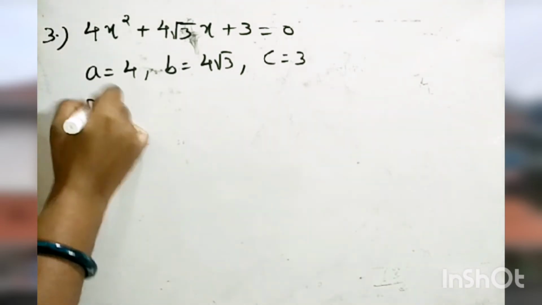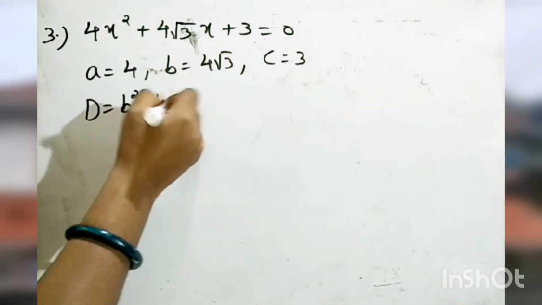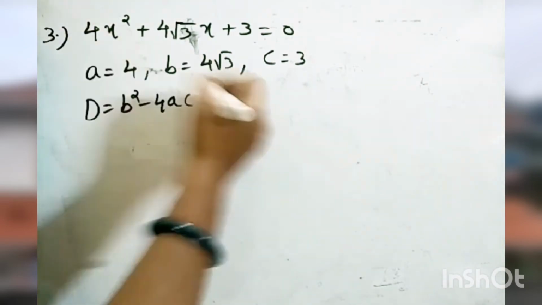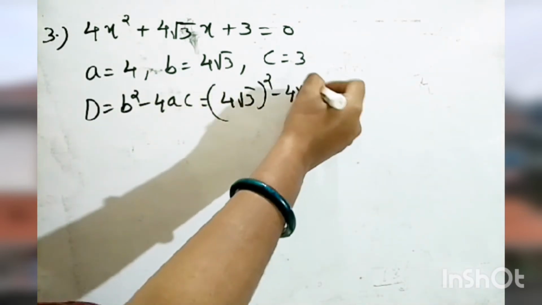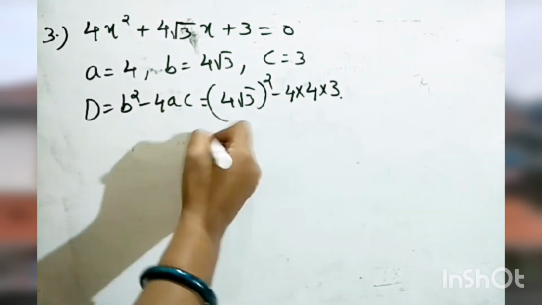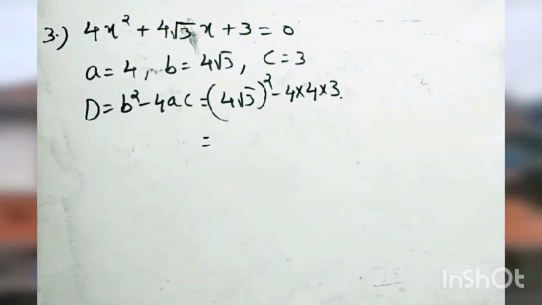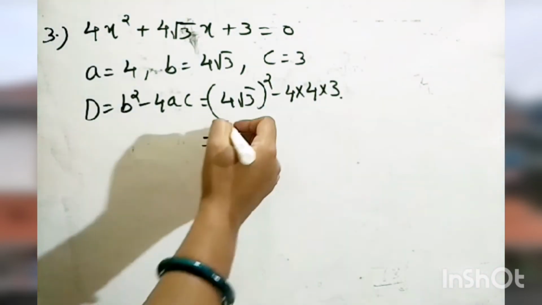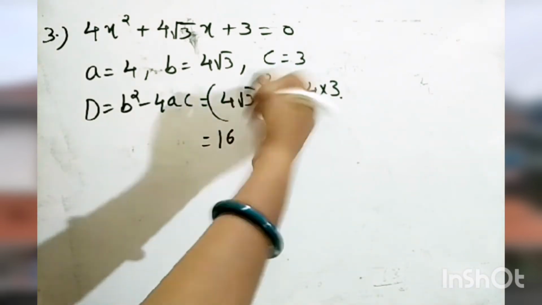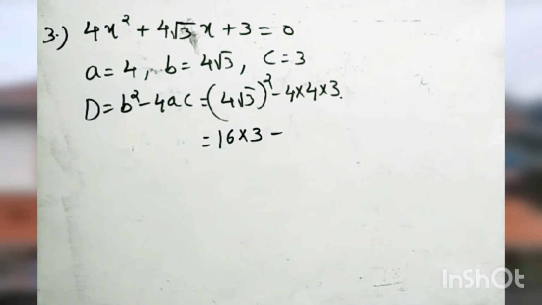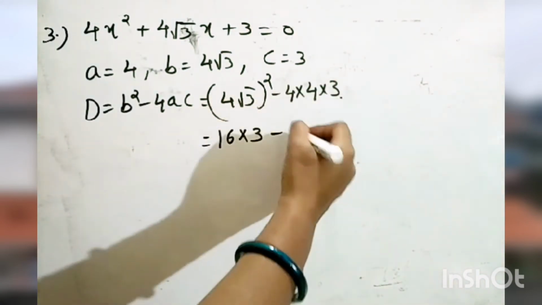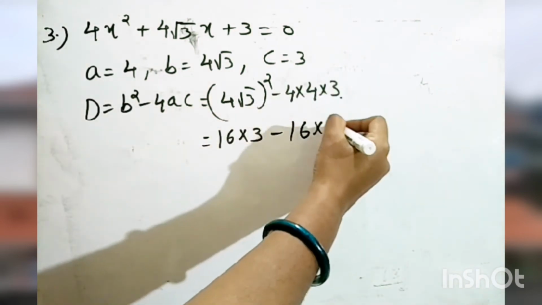Now D is equal to b square minus 4ac, that is equal to 4 root 3 all square minus 4 into 4 into 3. 4 root 3 all square, we will cut it as 4 square is 16, root 3 square is 3, minus 4 into 4 into 3, that is 16 into 3.